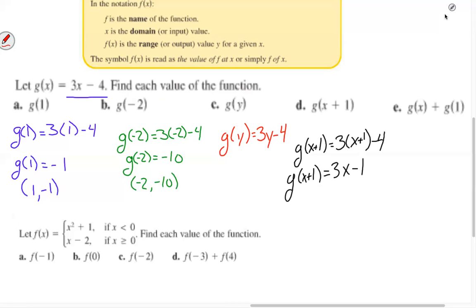And g of x plus g of 1, well, that's pretty simple. g of x is 3x minus 4 plus g of 1 was negative 1. All right, so I can use this work that I did over here. So this is just 3x minus 5.